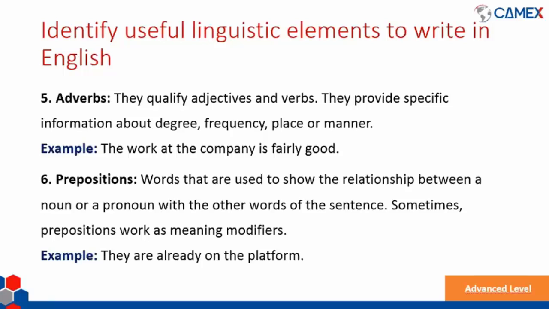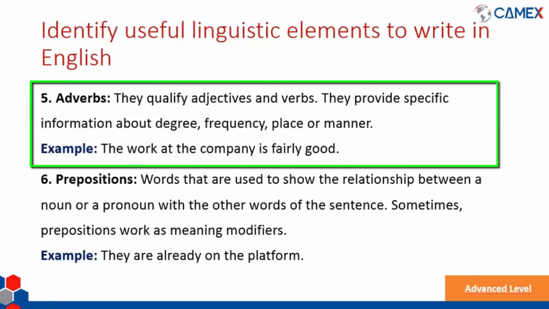Adverbs are kind of similar to adjectives, but in this case they qualify adjectives and verbs, not nouns. They provide more information because they are more specific about the degree, the frequency, the place, or the manner.